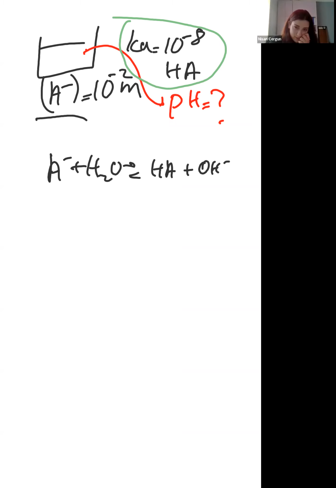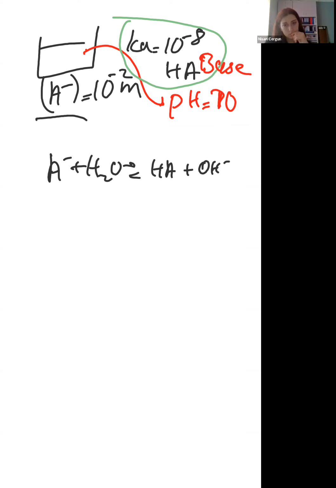I think it's 10. Okay, then let me say that it's 10. We will see. Just for the beginning, the 10 may be the right answer. Why? Because 10 is in the alkaline region.